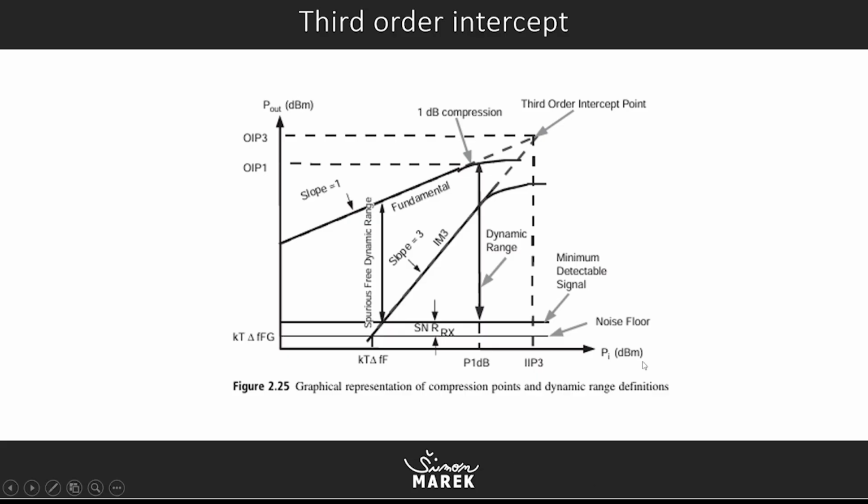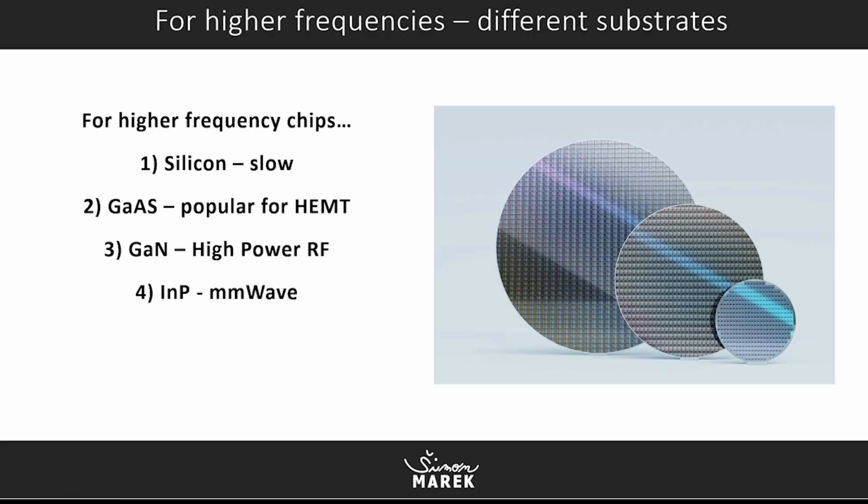There is some input power and output power on the vertical axis, and there is some compression point where the amplifier really is not linear anymore and is biased and won't amplify the signal anymore. So it is also important to really understand this fundamental aspect of amplifiers.